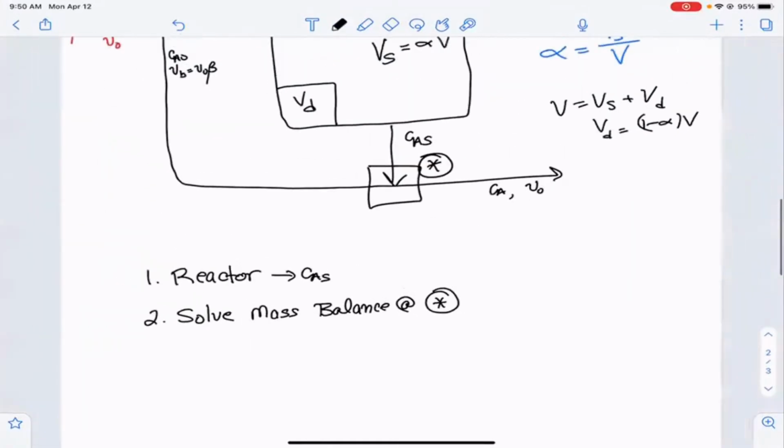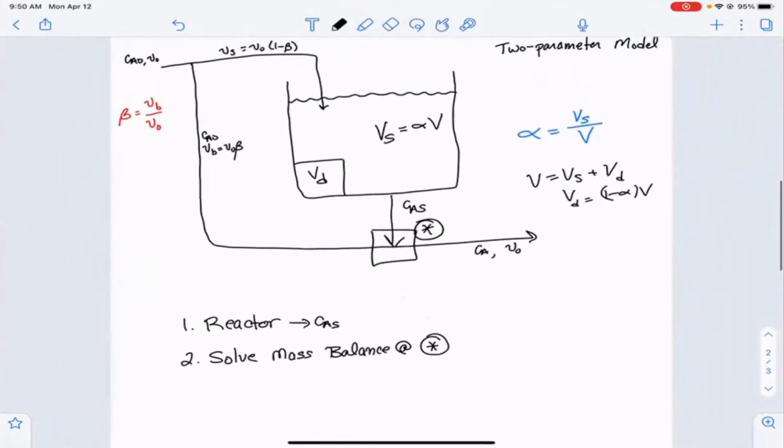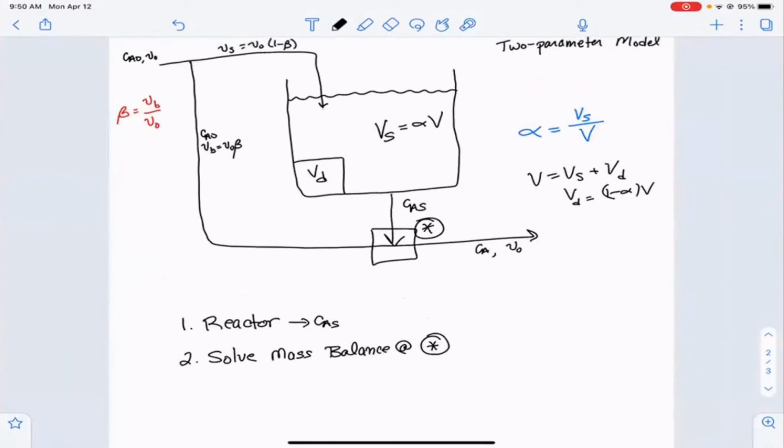Now, if we want to do this while looking at what's going on in the reactor, we have in minus out plus the reaction term is equal to accumulation. Entering the reactor is the initial concentration of A, CA0, times Vs, this fraction that is not going through bypass.